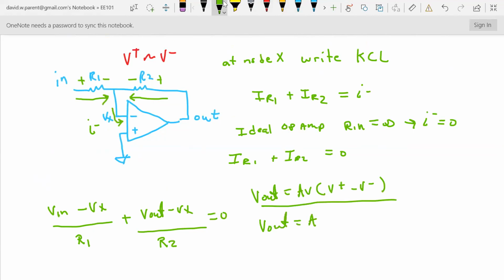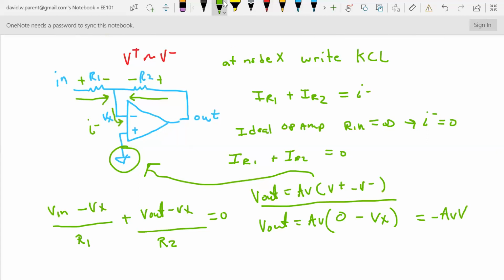V out equals the open loop gain times V plus, well, it's connected to ground, so it's 0, minus V minus, well, that happens to be Vx. So V out in these conditions is minus AV Vx.